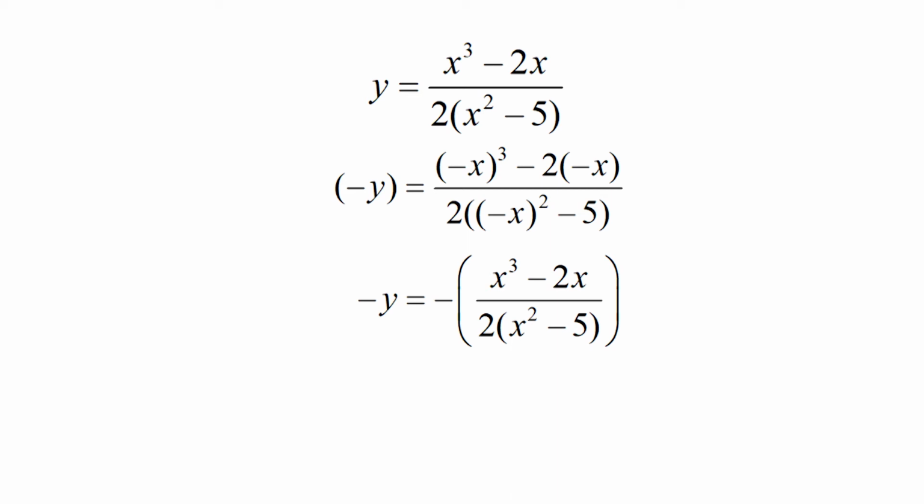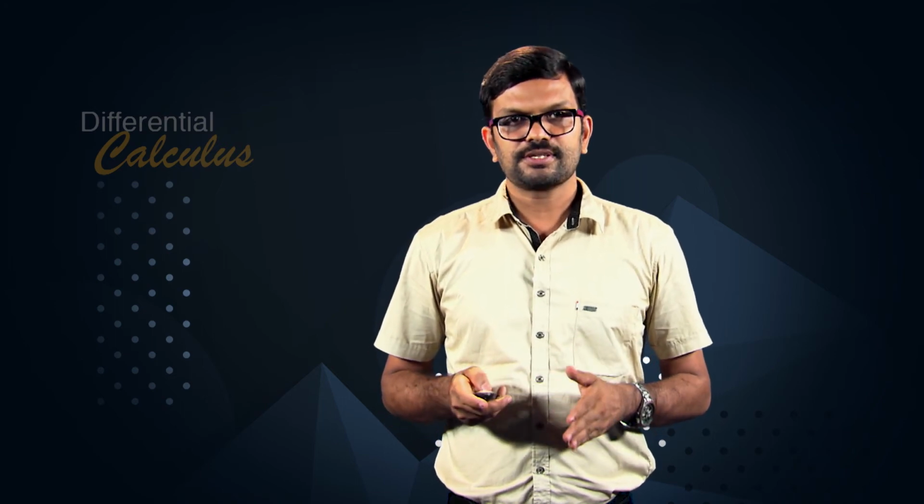We have the equation y is equal to x cube minus 2x whole divided by 2 into x square minus 5, which is not altered when x and y are replaced by minus x and minus y. Hence, the graph is symmetric about the origin. Thus, we first trace the curve for x greater than or equal to 0 and finally extend it to x less than 0 by taking reflection about the origin.